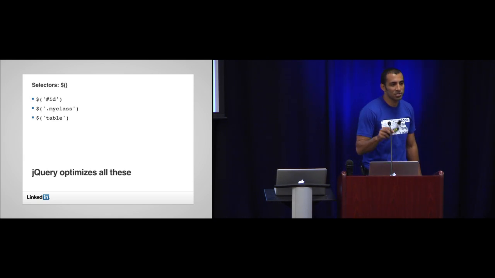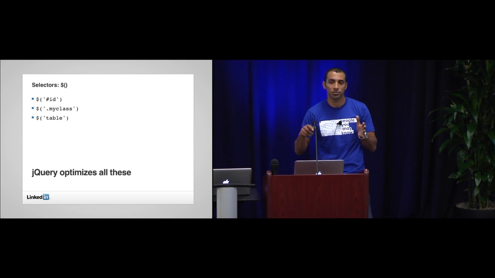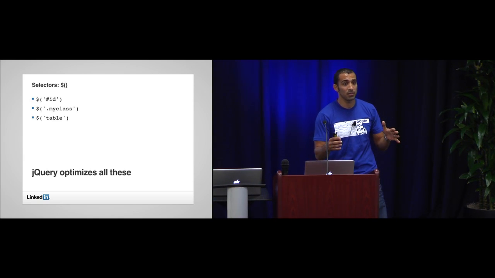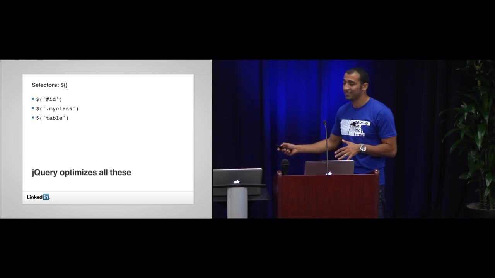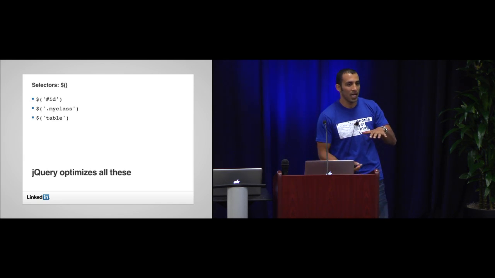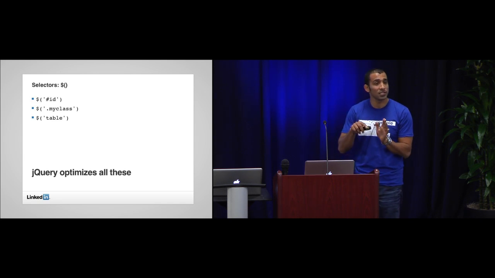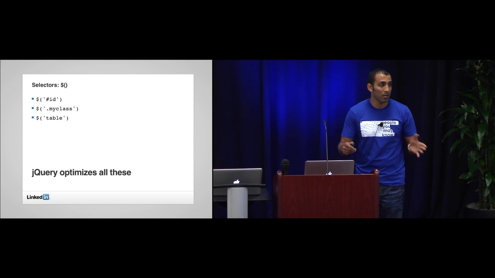The interesting thing about jQuery is that it does not return to you one element as a straight up DOM element, but it returns to you an array of jQuery wrapped objects. In that table, this selector, for example, will return to you an array of all elements whose tag is a table. And each one of those elements is actually a jQuery wrapped object.